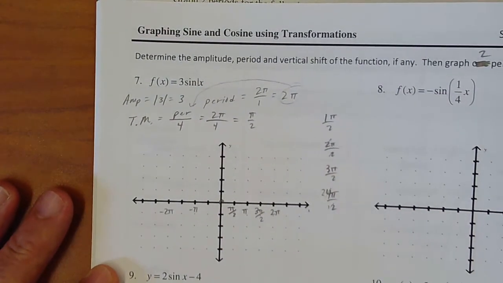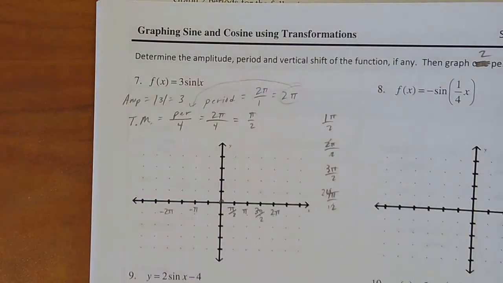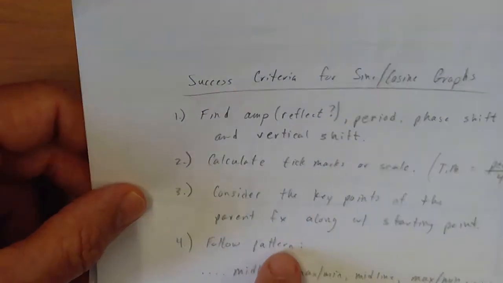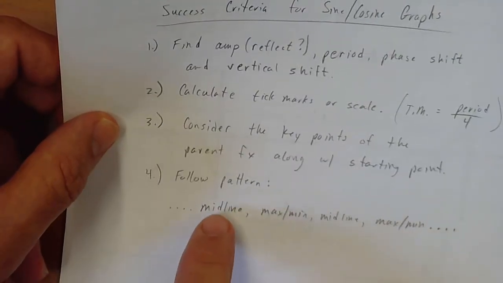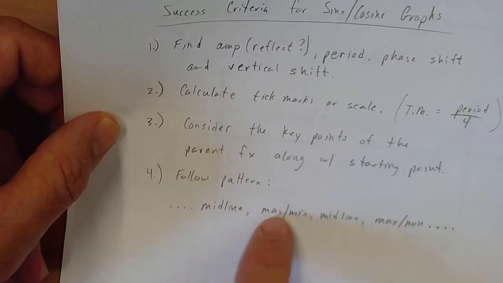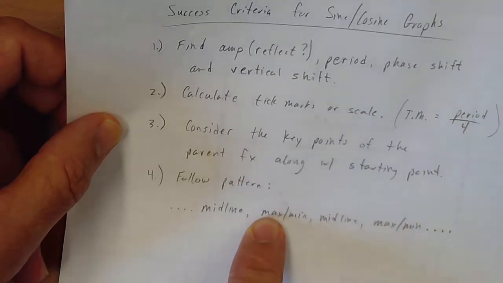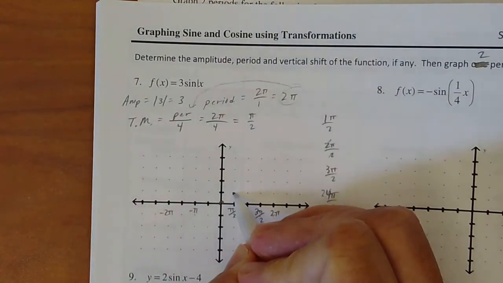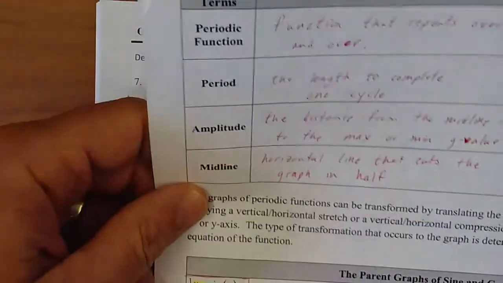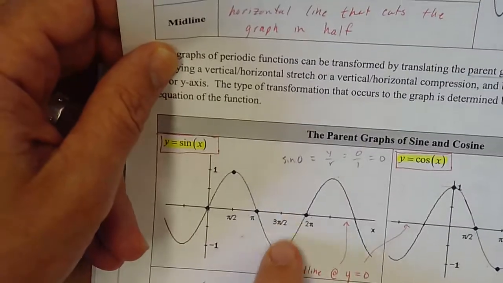Okay, so 0, 0, and then the pattern is, remember the success criteria I gave you, just start following the pattern once we understand the starting point. Okay, it's starting at the midline right now, and then it's going to go up to either a max or min. For sine, it goes up to a max right away from the parent function. Okay, and then it goes back to midline, and then down to min, back to midline.